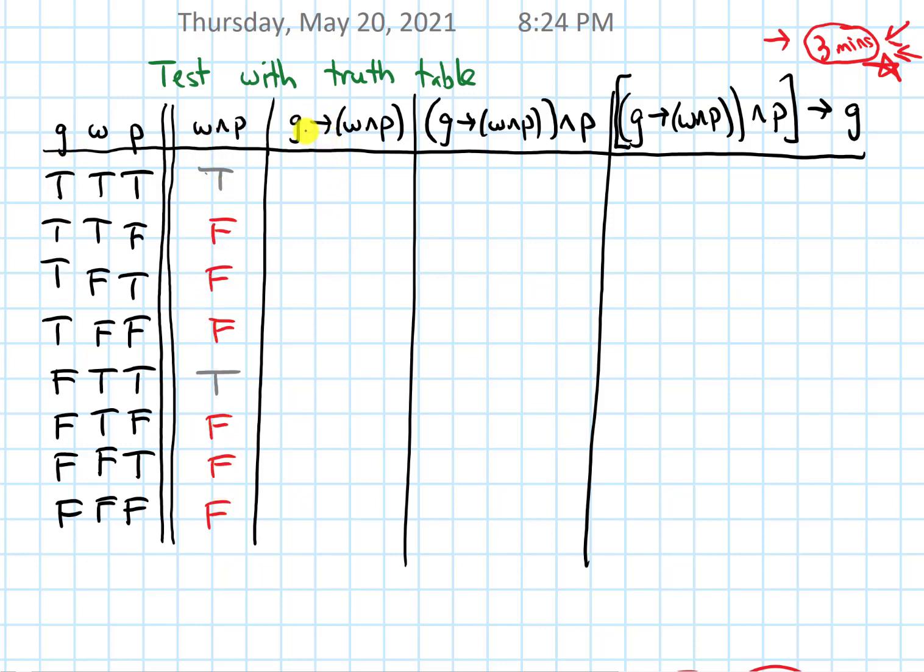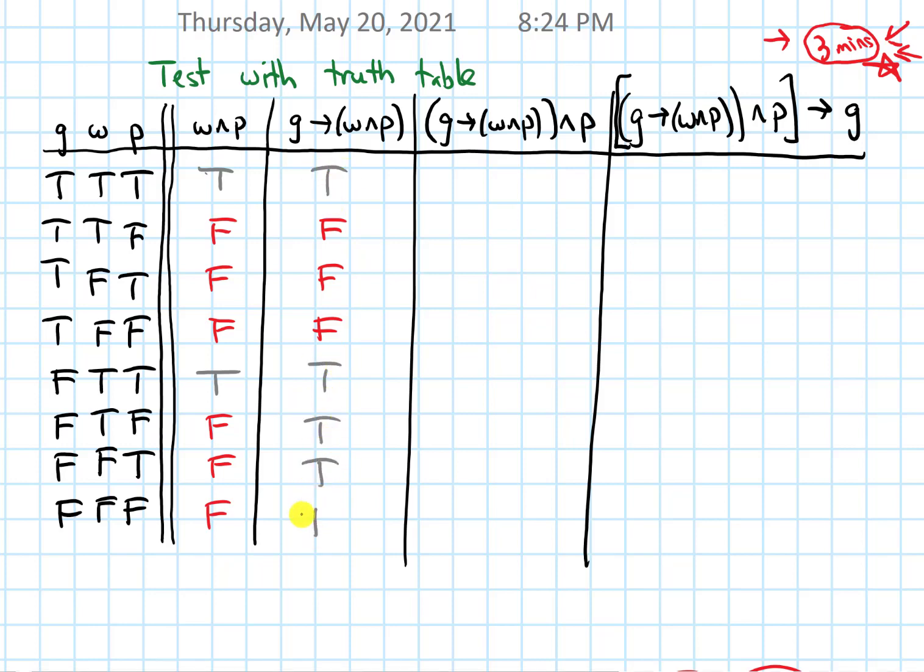And the only way for this implication to be false is if G is true, but the W and P column is false. And that happens in this row, this row, and this row. G is true, and the AND statement is false.